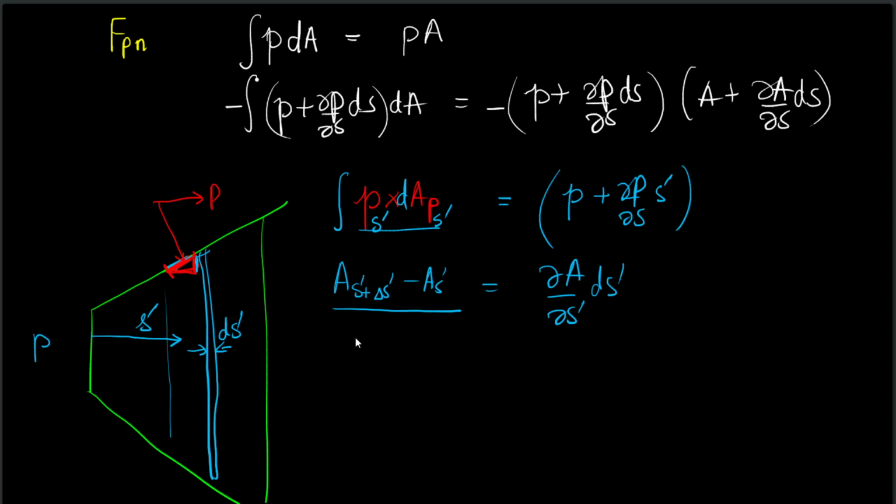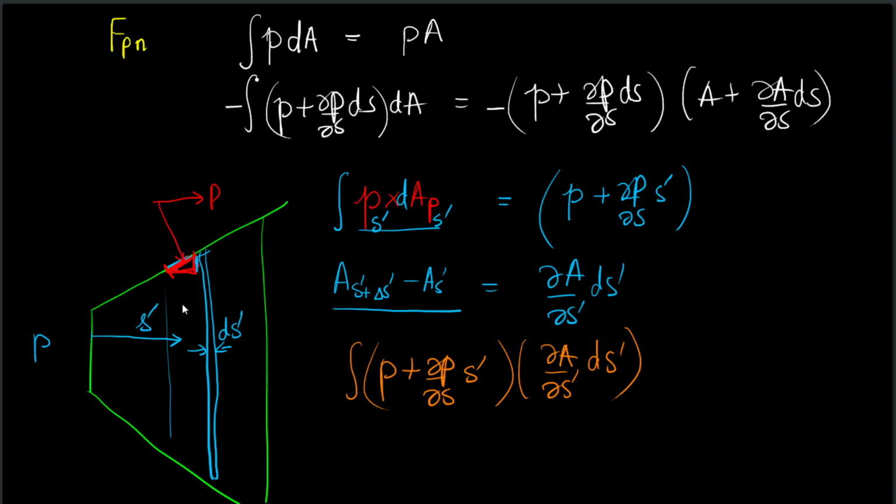Thus the expression becomes the integral of (p + ∂p/∂s′ s′) times ∂A/∂s′ ds′, where s′ you have to integrate from 0 all the way to the end of the tube, which is located at a distance of ds. Okay, so s′ is just a dummy variable, nothing else.